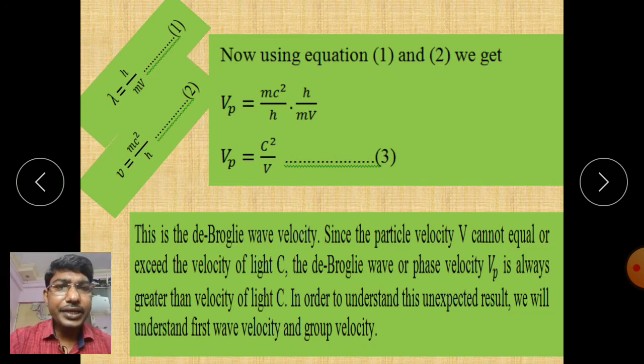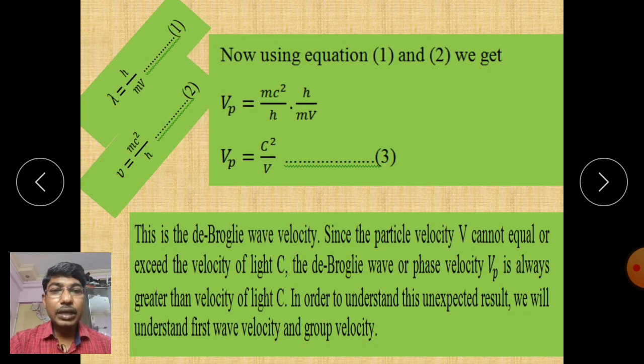Since the particle velocity v cannot equal or exceed the velocity of light, de Broglie's wave or phase velocity Vp is always greater than the velocity c. This is the unexpected result, or this is the discrepancy.